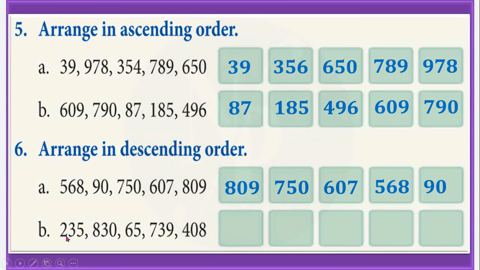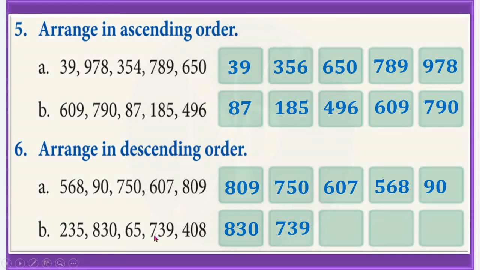Similarly, arrange these numbers also in descending order. The greatest among these numbers is 830 with 8 in hundreds place, which will come to the first box here. And leaving this, if you look at the remaining numbers, we have 739 with 7 in hundreds place, which will come to the second box. And leaving these two numbers, looking at the remaining three numbers, we have 408 with the 4 in hundreds place, which is greater compared to 2, and anyhow 65 is a two-digit number, which is the smallest, which comes to the last box there.